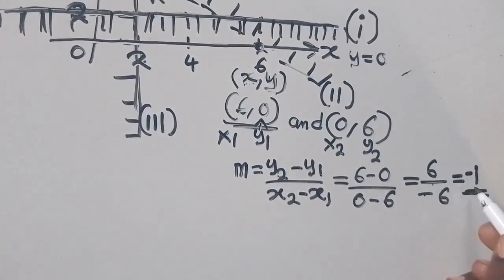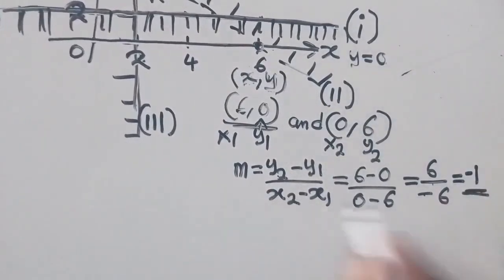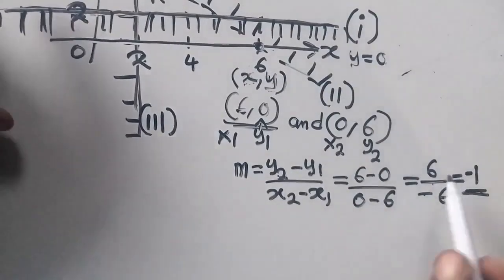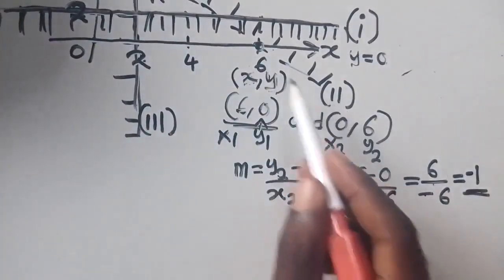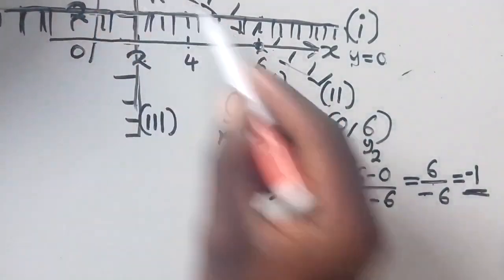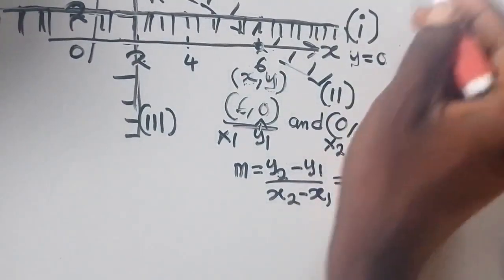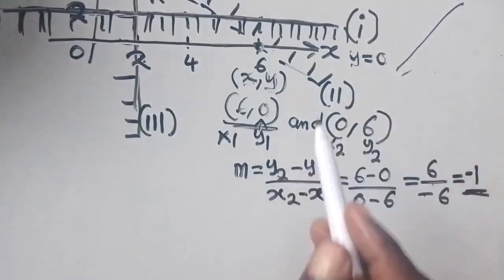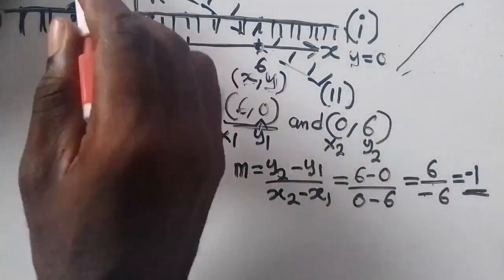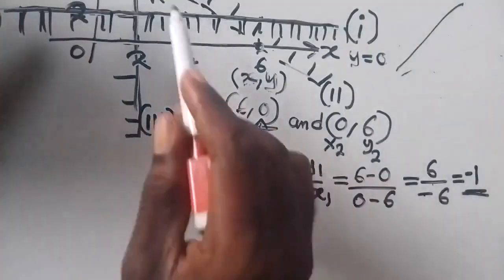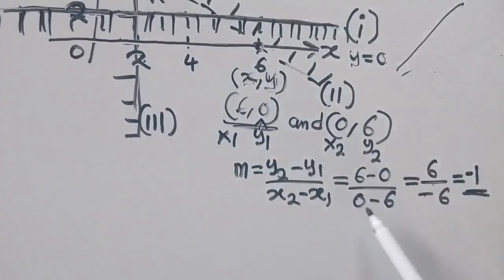After you get this gradient as negative 1, what you need to do next is write the general equation for all straight lines. This one you need to know. Whether a line is like this or like this, all these steps that I'm doing here are steps that you need to follow.